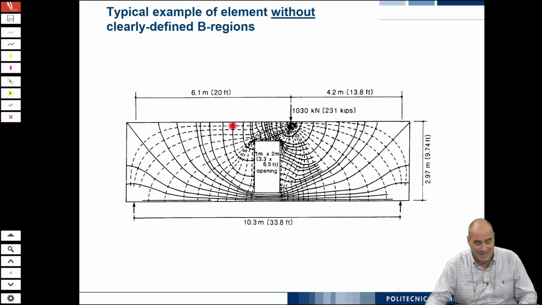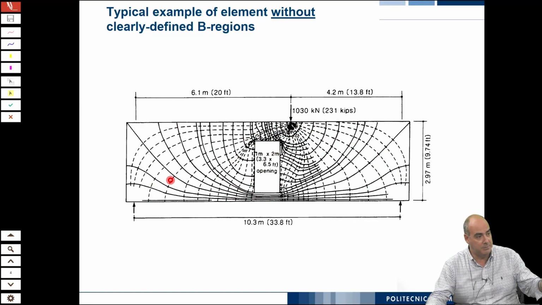You see the stress distribution lines. From here, the load must go to the supports. Here it is more or less regular on this side, but here it has to go around the opening and be conveyed back.